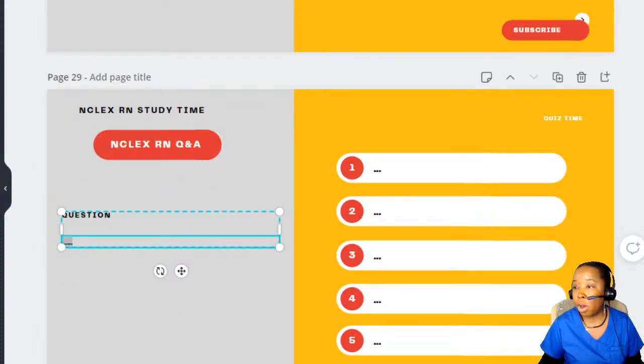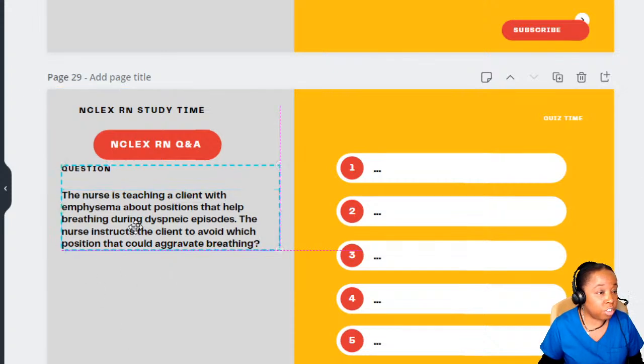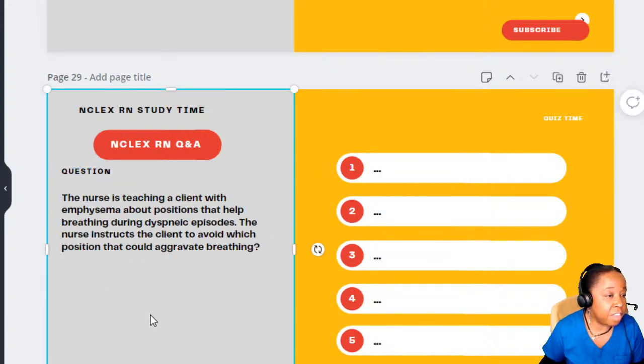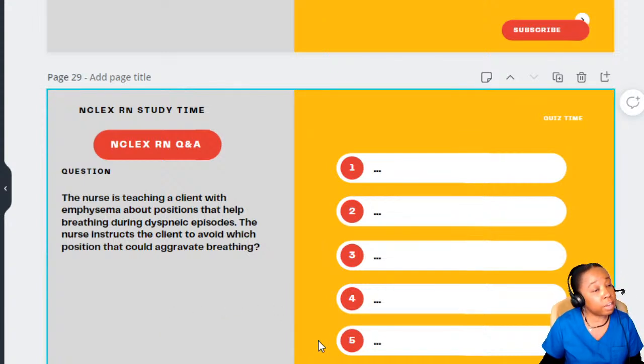Okay, next one. The nurse is teaching a client with emphysema about positions that help breathing during a dyspnea period, okay? The nurse instructs the client to avoid which position that could aggravate the breathing. So the nurse is taking care of a patient.